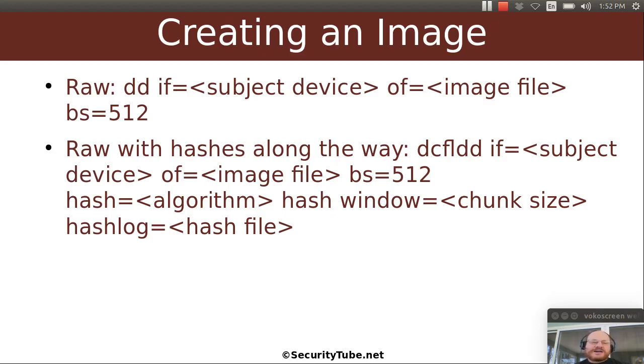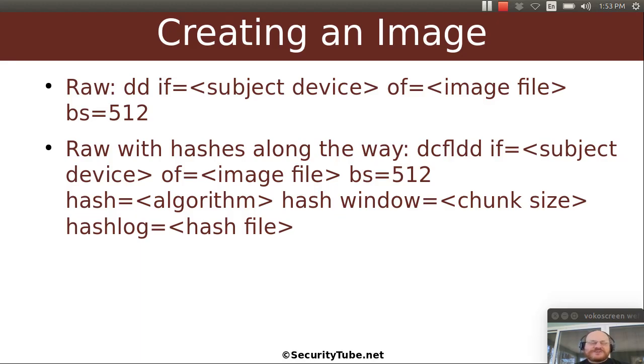And you can give it a block size. Normally, a block size of 512 is good. You can improve performance by giving it a larger block size, but if you give it a larger block size than 512, you might have issues at the very last chunk because you need to use a block size that's evenly divisible into the size of your media. 512 bytes is the standard by far for sector sizes.